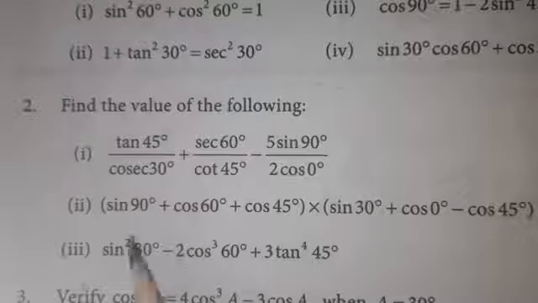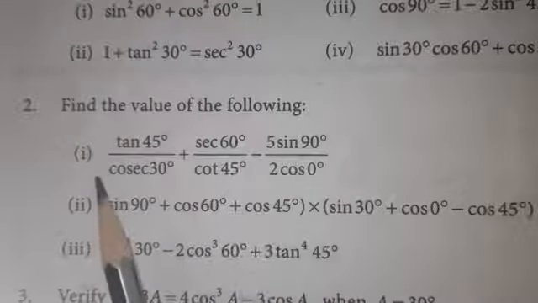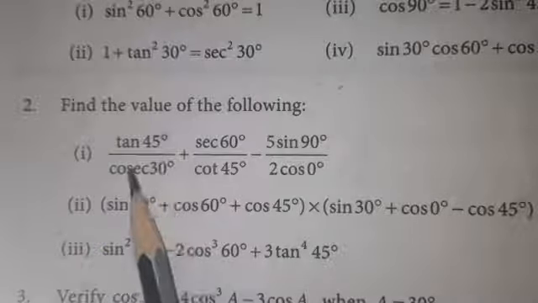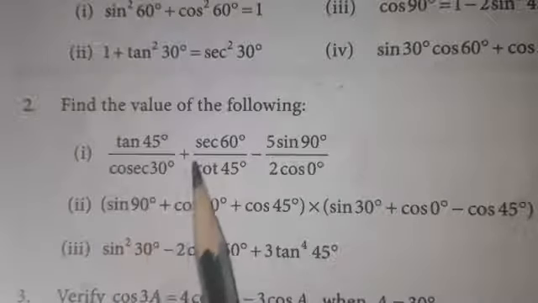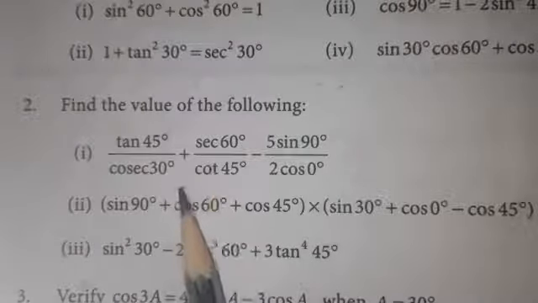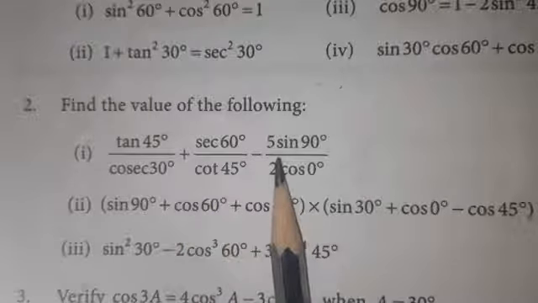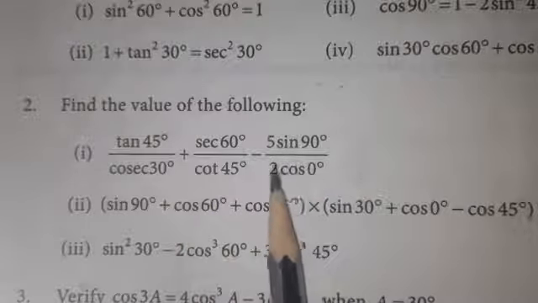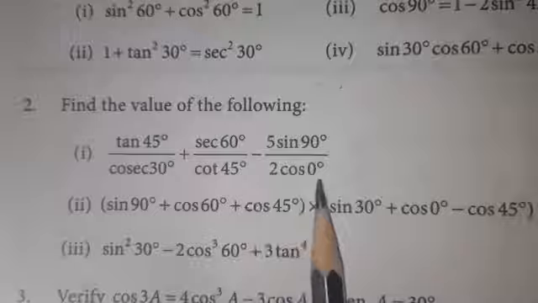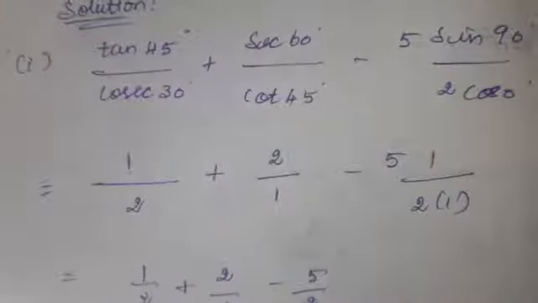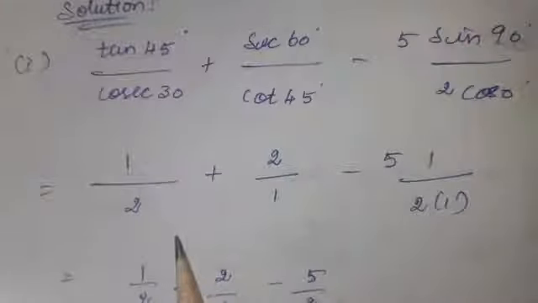Second question. Find the value of the following. The first one: tan 45 degree divided by cosecant 30 degree plus secant 60 degree divided by cot 45 degree minus 5 sin 90 degree divided by 2 cos 0 degree. I have written that question. Apply the values.